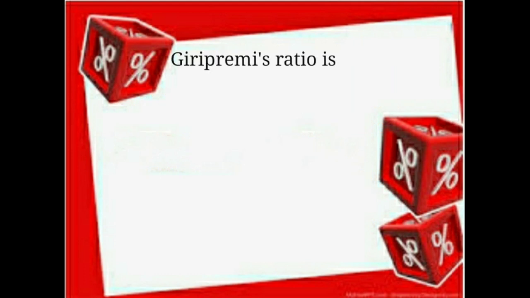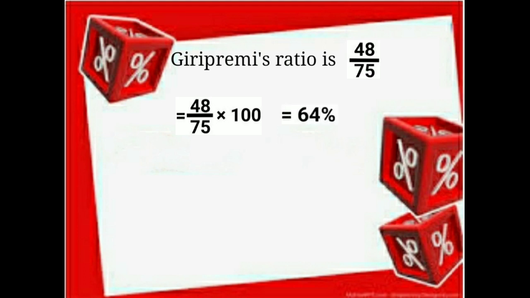Now the Giri Premi's ratio of the surviving trees to planted trees is 48 upon 75. So to get the percentage of surviving trees planted by the Giri Premi group, we will have to multiply the ratio 48 upon 75 by 100, after which we get the answer to be 64, which means from the trees planted by the Giri Premi group, 64% survived.